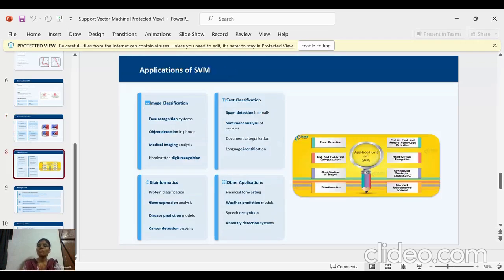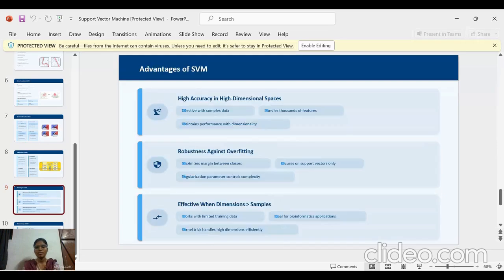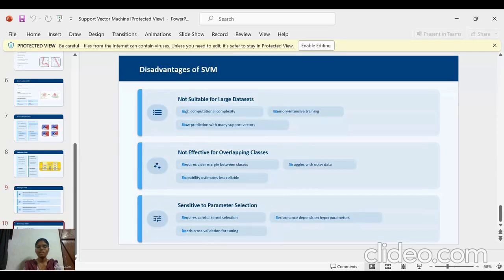Let's see the advantages of SVM. SVM has several benefits: it works well with small data sets, is effective in high dimensional spaces, is resistant to overfitting, provides high accuracy, and can be used for both linear and non-linear problems. Next, limitations of SVM.